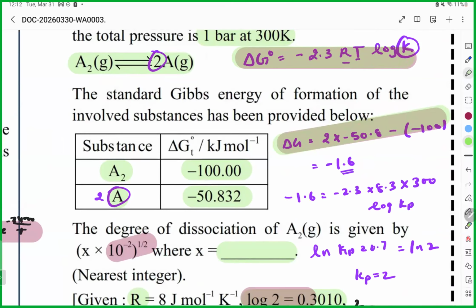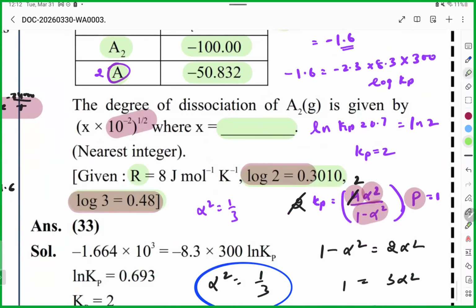Pressure, because gas you take pressure. Kp you take pressure. Kc you take concentration. That's why you wrote this formula. P 4 alpha square because you have 2 alpha whole square. Done. You have to calculate alpha. Whatever alpha you calculate should be in this unit. Raised to power minus 2.